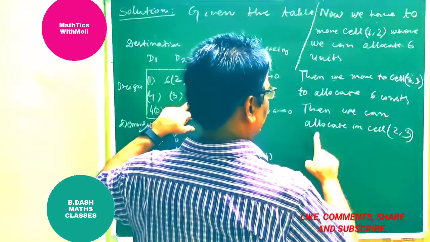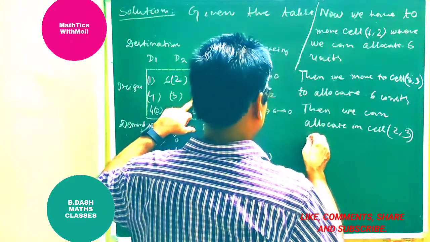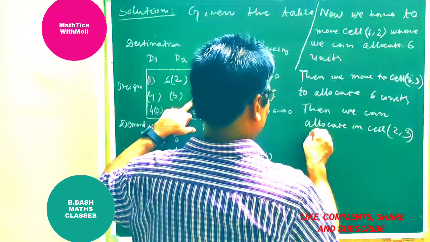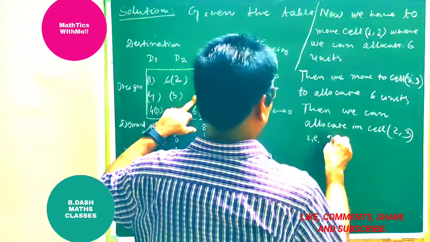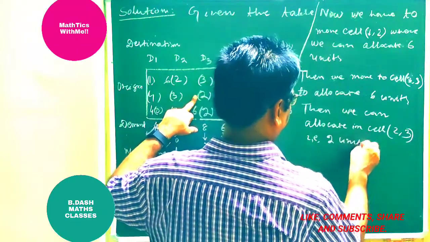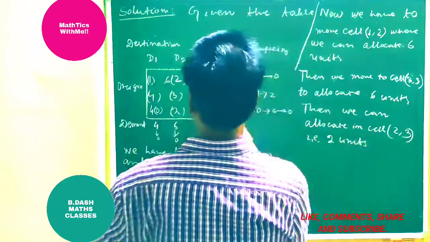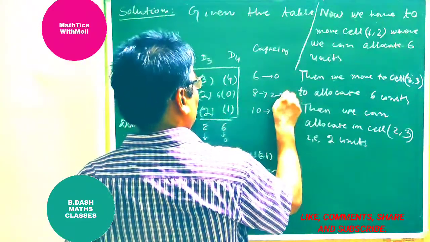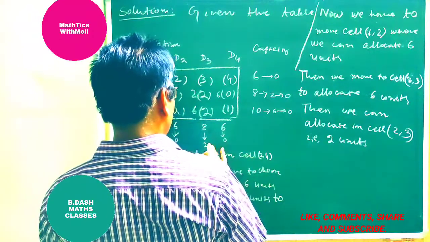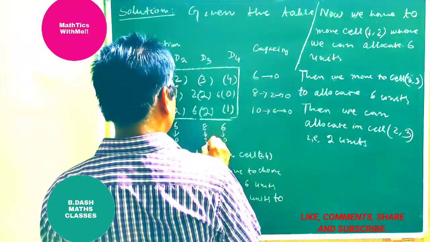Then we can allocate in cell 2,2, that is 2 units. So our allocation is now complete.